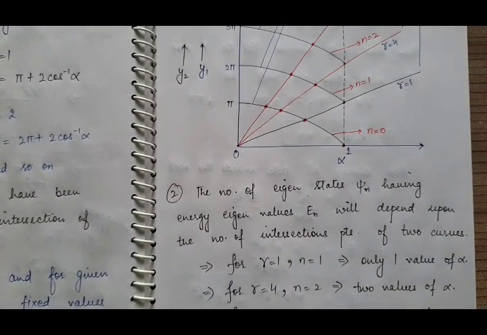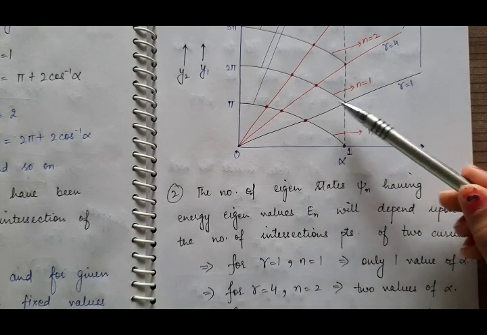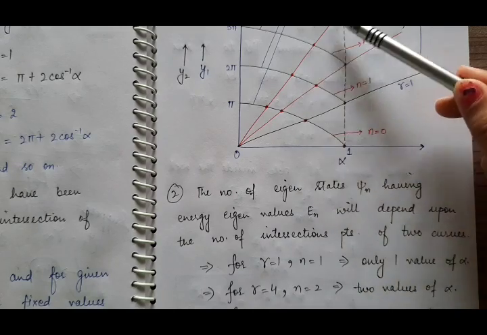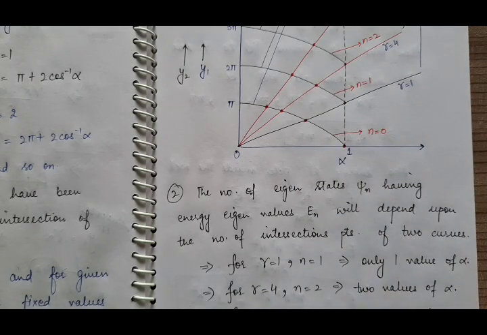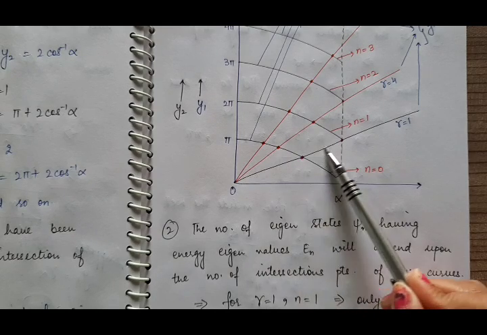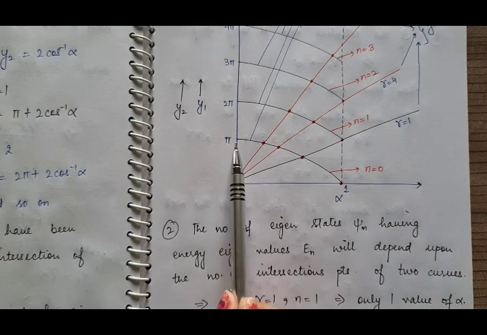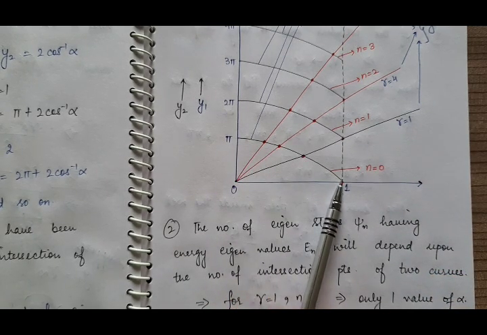the number of eigenstates psi n having energy eigenvalues En will depend upon the number of intersection points of the two curves. Like for this first intersection point, we have gamma is equal to 1 and n is equal to 0.